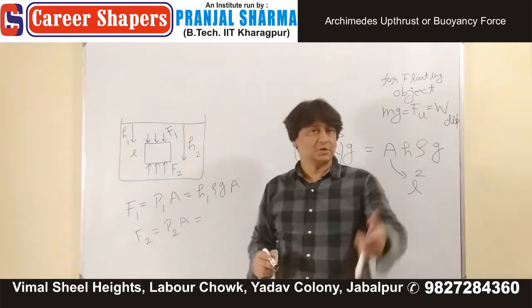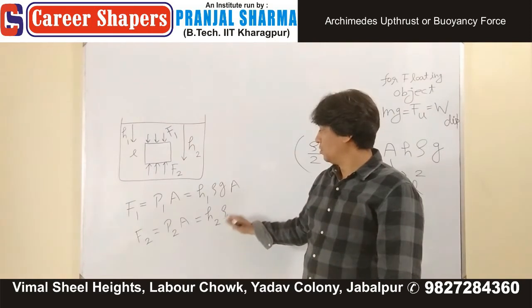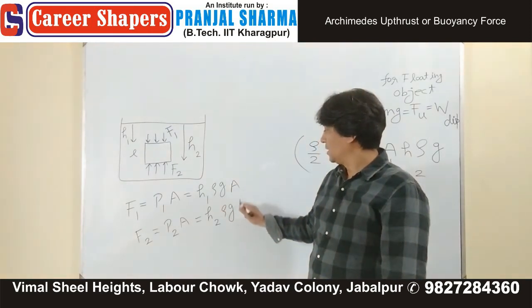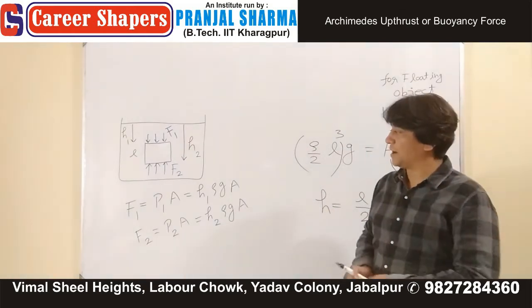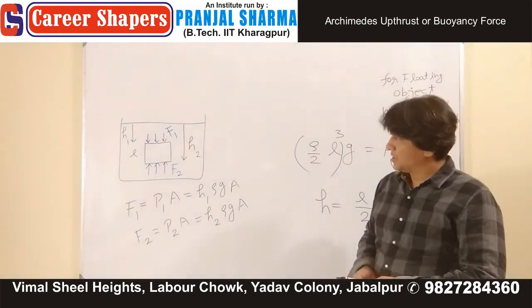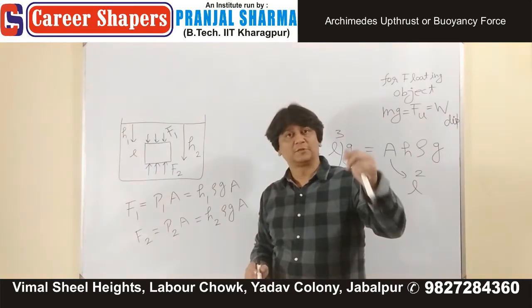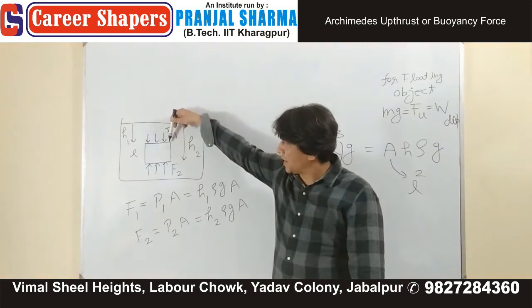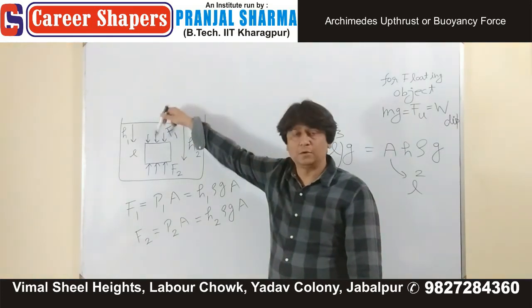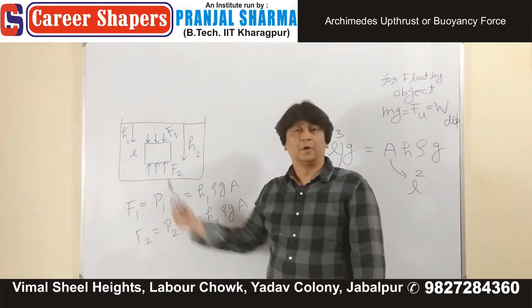H2. What is the pressure? H2 rho g multiplied by A. That's your F2. Remember, pressure at a given level is present in all the directions. At this place, the pressure is pushing it down. At this place, pressure is pushing it up.